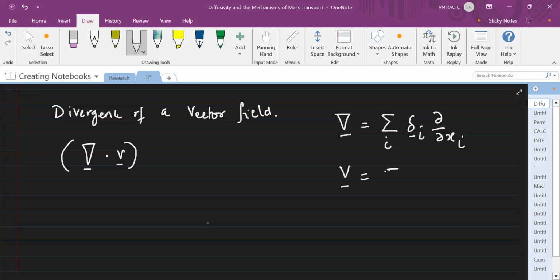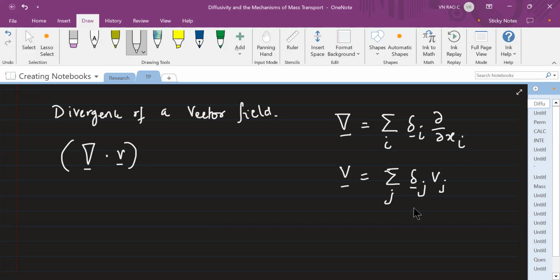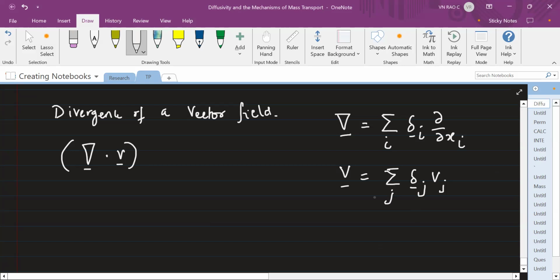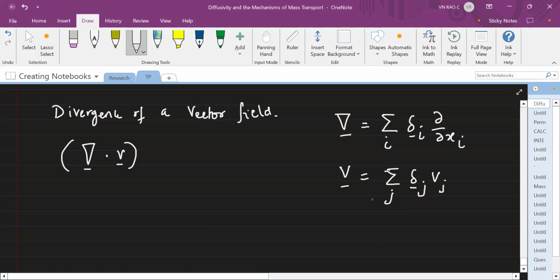Let us not stick to i because i is already used. Let's say this is j. So this is written with respect to unit vectors and its component j. That means j can take values 1, 2, 3, and i can take values 1, 2, 3. So these are two separate definitions of vectors.